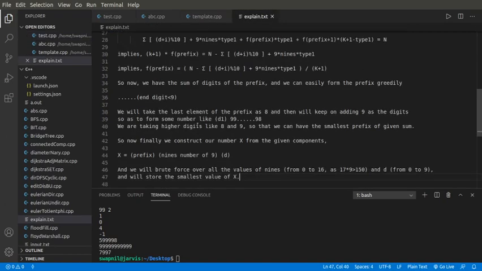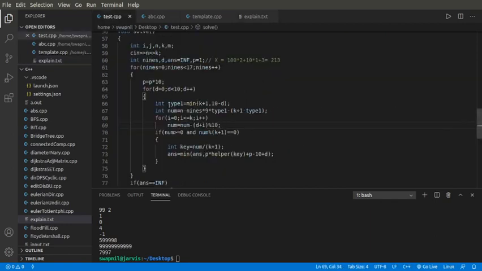I have shown you here n minus the total summation of 9s of type 1 and the summation of the last digit modulus 10. So here I have written n minus the total number of 9s of type 1 minus this term, k plus 1 minus type 1. This will also be there in the explanation part. I guess I missed it.